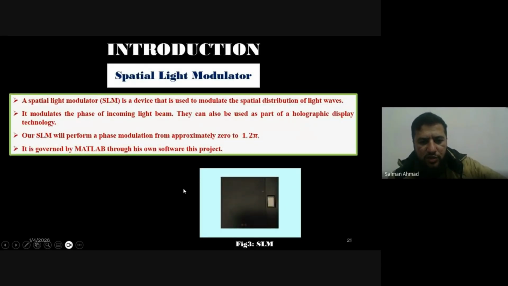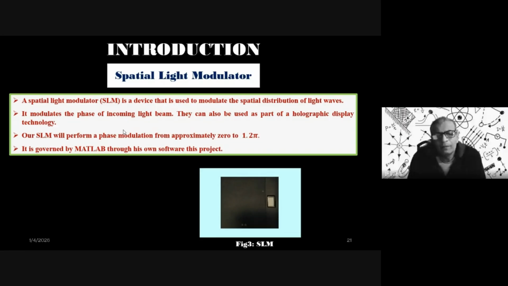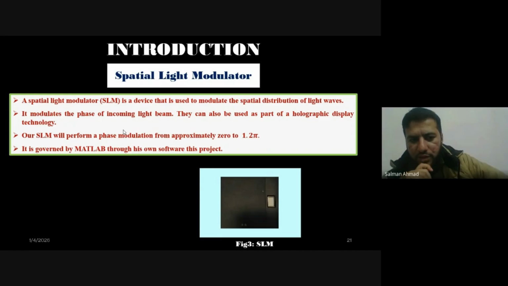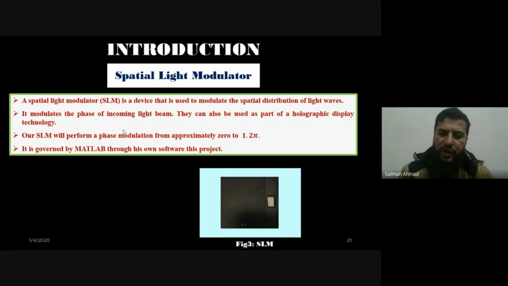This image shows the spatial light modulator. I put this slide at the end in case somebody needs its information. It performs a phase modulation from approximately 0 to 1.2 pi. Yes, sir. Actually, it modulates the phase of the light from 0 to 1.2 pi.